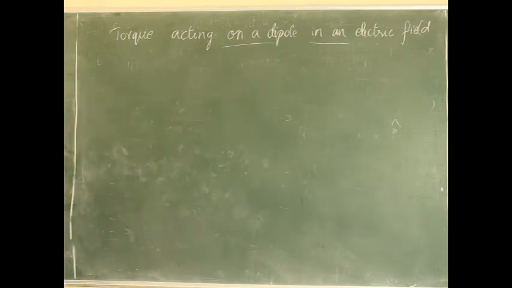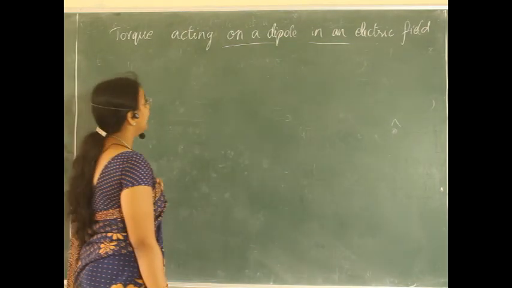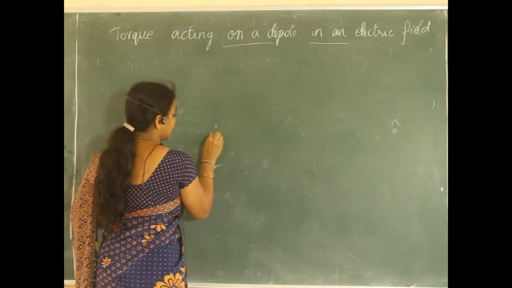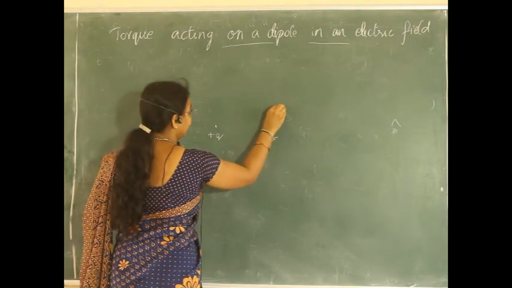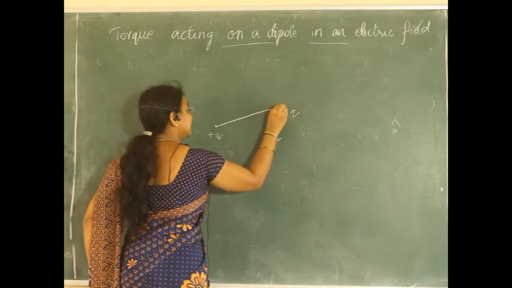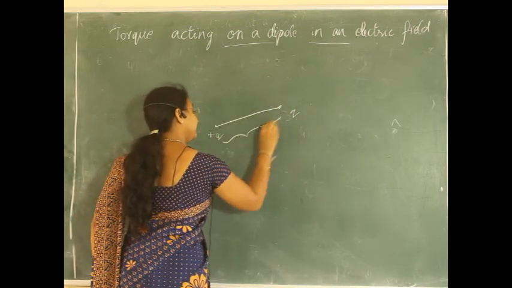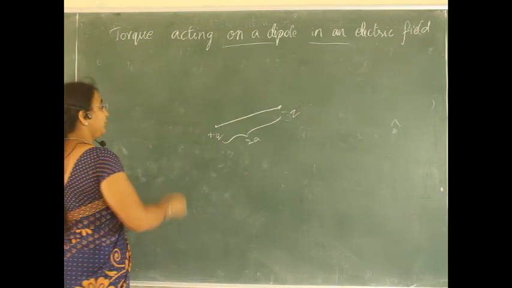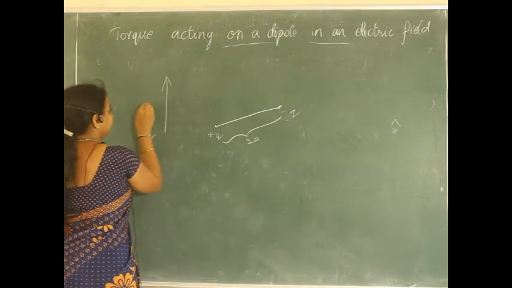For this, again we have to consider a dipole. So let us consider a dipole, plus q and minus q, separated by a distance 2a. Let us place this dipole in a uniform electric field.